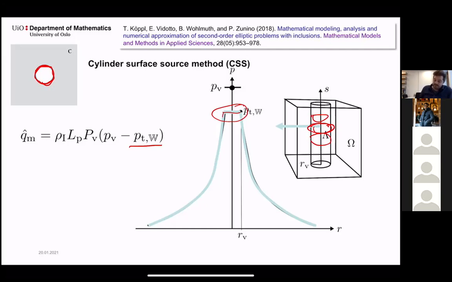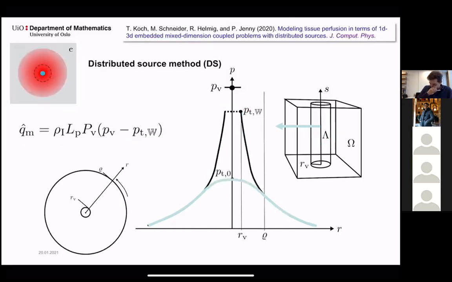So we thought about how we can tackle this problem, and then we came up with... we thought we can regularize the solution. So instead of distributing your source on the line or on the surface, we actually distribute it now in some region that is larger than the vessel.